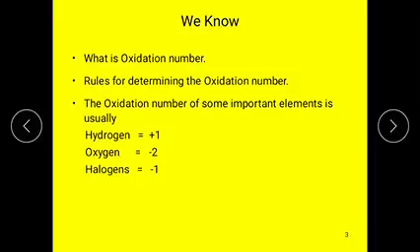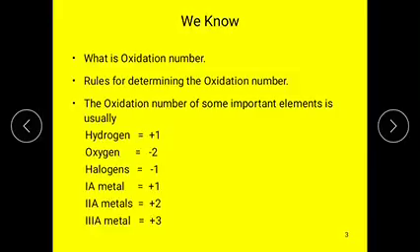Halogens are the seventh A group elements, and these are taken as -1. For first A group metals, we take +1. For second A group elements, it is +2. For third A, it is equal to its group number.